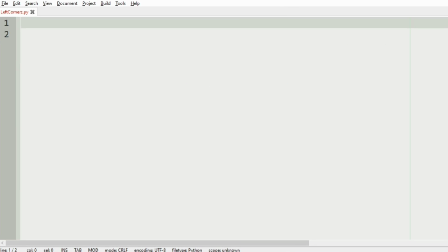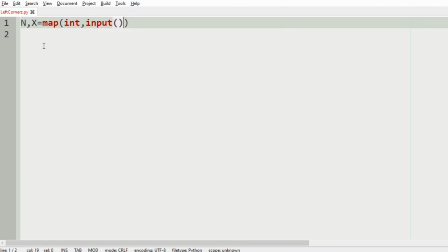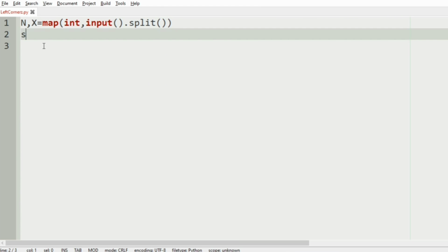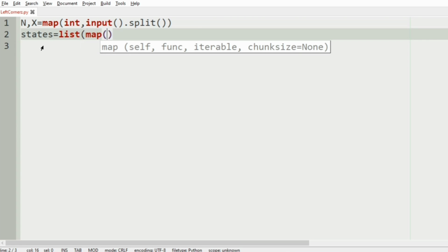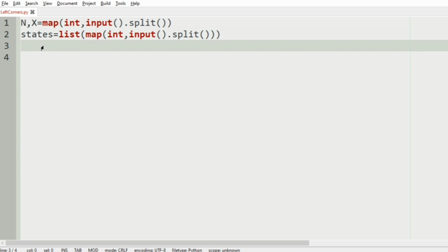Now let us implement our program. First we'll get the integers n and x, where n represents the total integers and x represents the interval. And then we'll get the states of the candles, that is whether each is lit up or not.